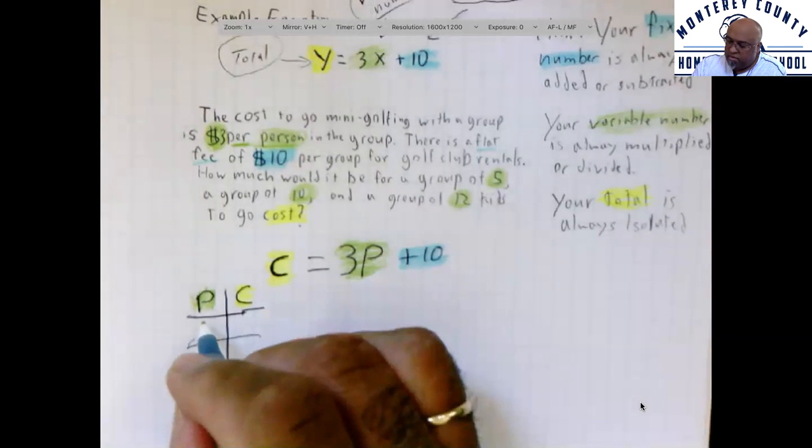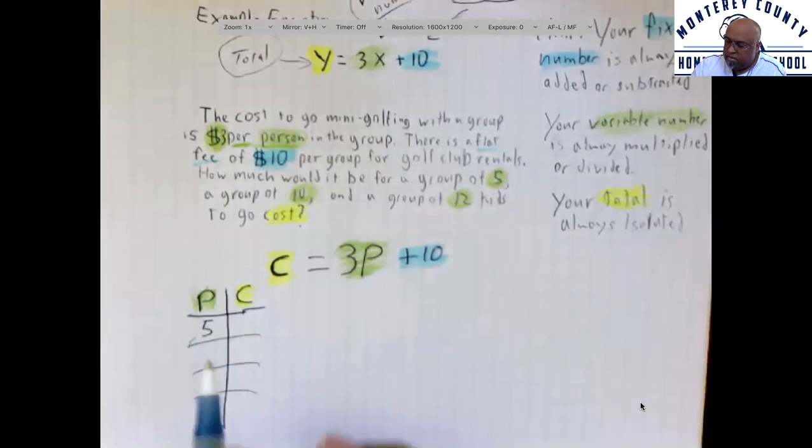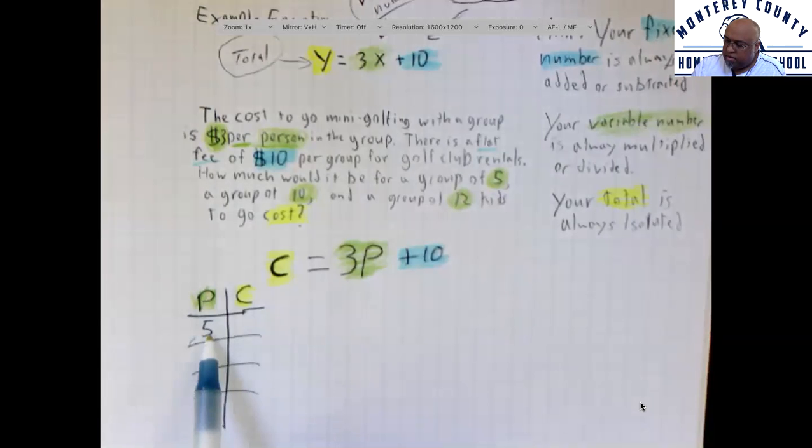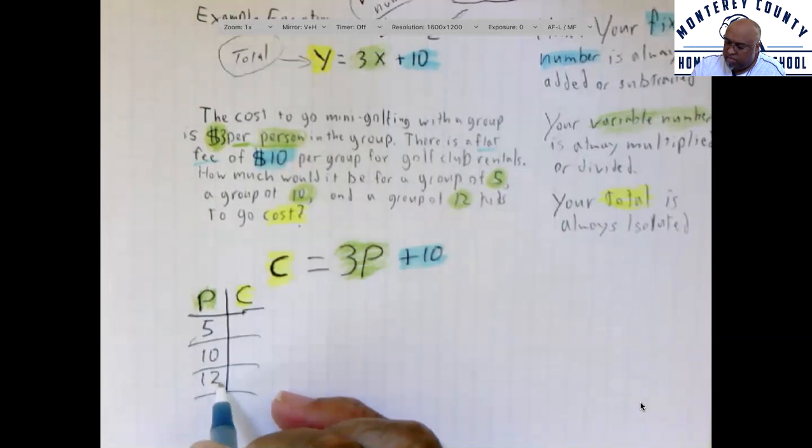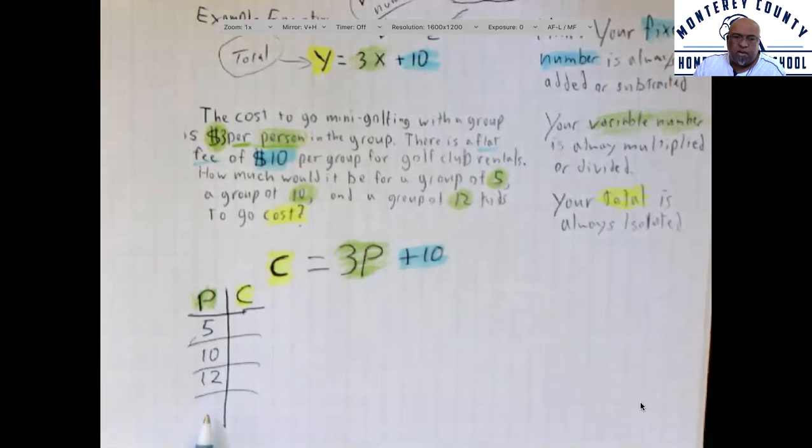So I have 5 people, so P equals 5. I have 10 people, and I have 12 people. I have an extra spot here, which I don't necessarily need, but I can use if I'm asked a second question, like, well, what if 20 people went? You know, that type of a thing. Okay.